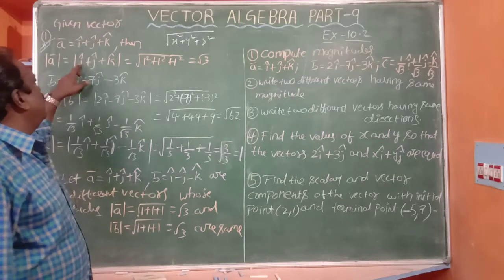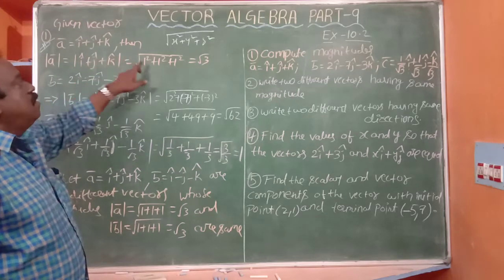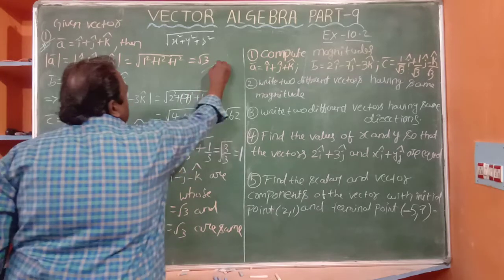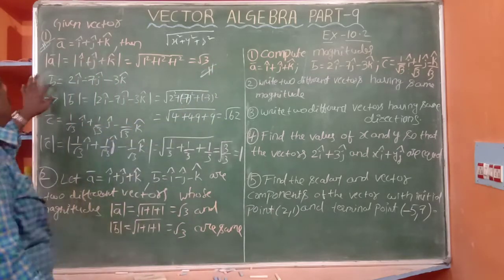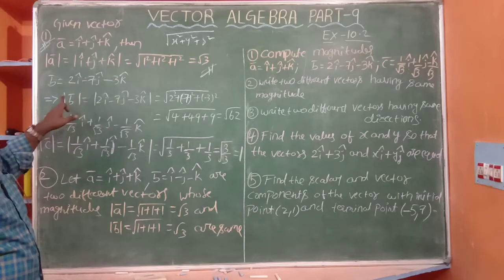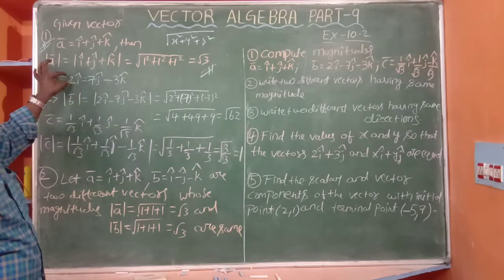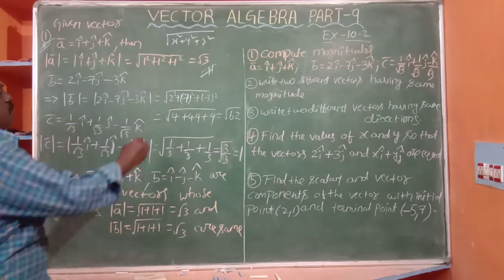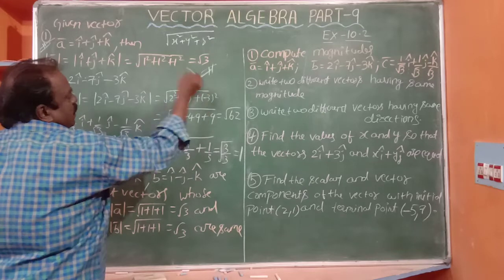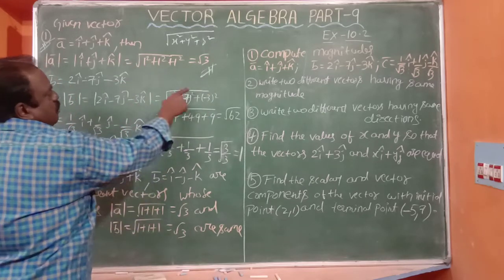So here 1 i cap, 1 j cap, 1 k cap: 1 square plus 1 square plus 1 square, so root 3 is the answer. For B bar, B bar is 2i minus 7j minus 3k. Modulus of B bar is 2 square, minus 7 is y, minus 3 is z: x square plus y square plus z square.